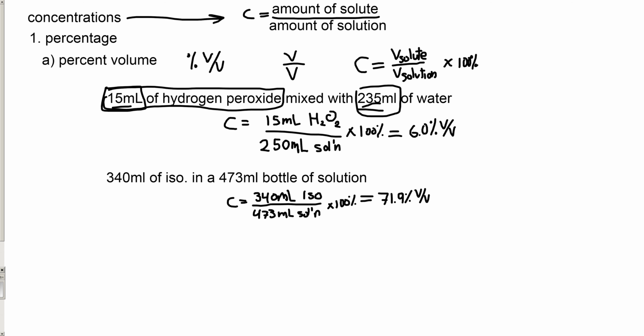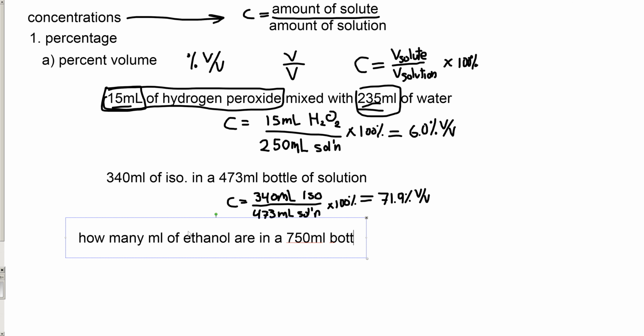I'm going to say, for the next question, how many milliliters of ethanol are in a 750 mL bottle of wine with alcohol by volume of 12%?